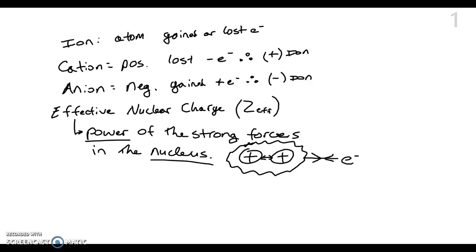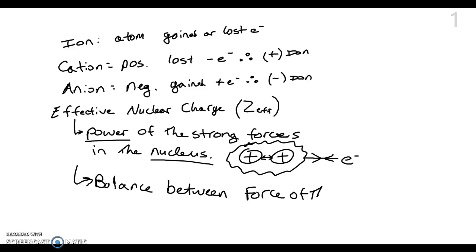So we have the electrostatic attraction of the positive protons and the negative electrons, as well as the strong forces keeping the positive protons together. So we have more or less a balance between the force in the nucleus and the valence shell electrons.